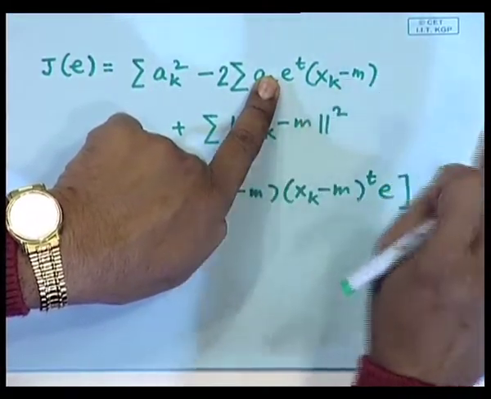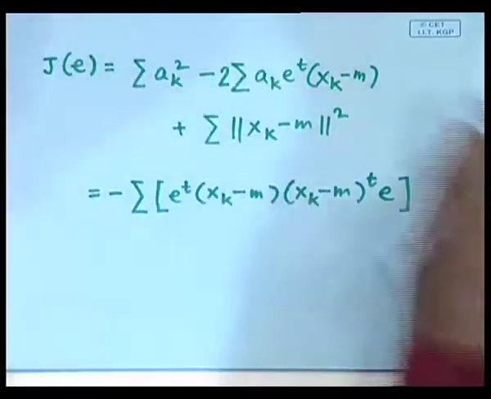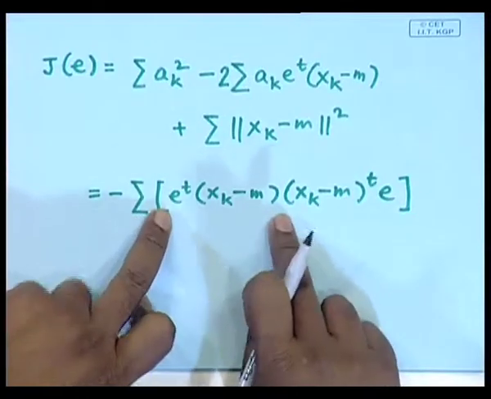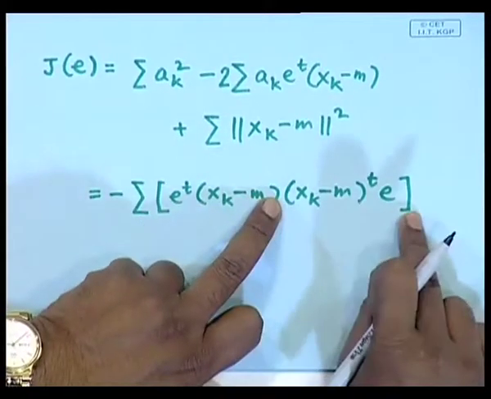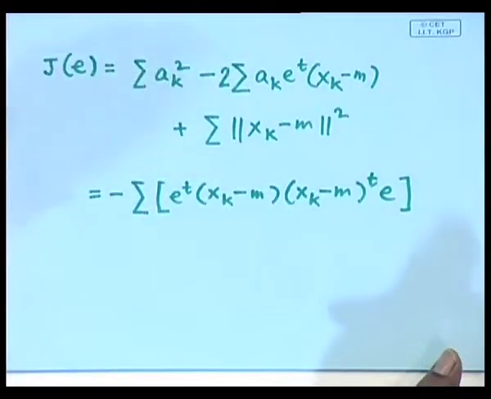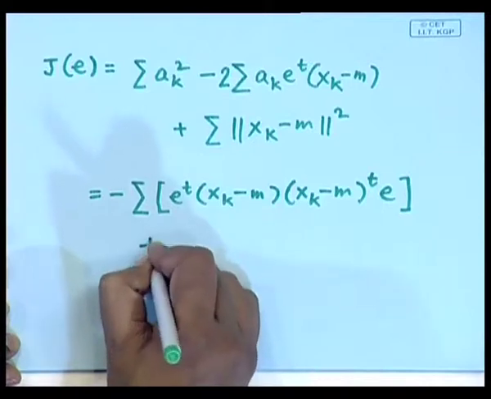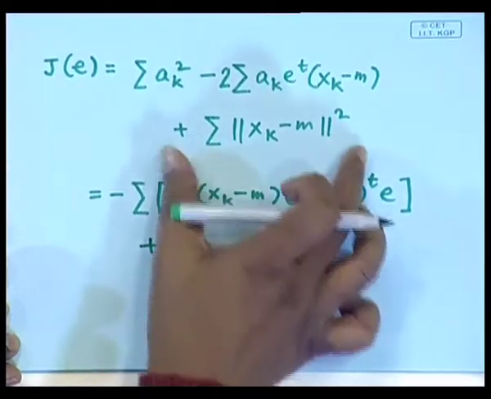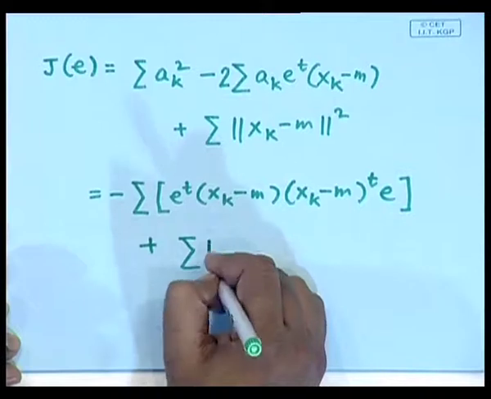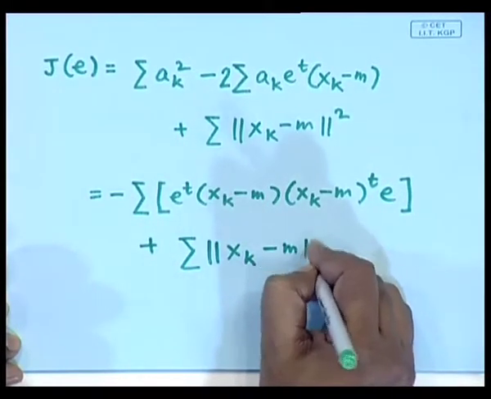So, it is minus summation of E transpose x k minus m square. If I break that, I can write this as E transpose x k minus m into x k minus m transpose E. It is in the matrix expression, it is same. Okay. So, this plus sum of the other term remains as it is, x k minus m square.